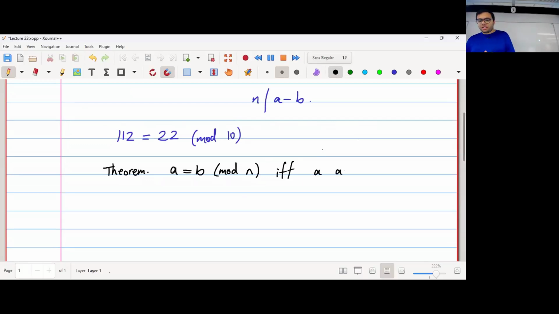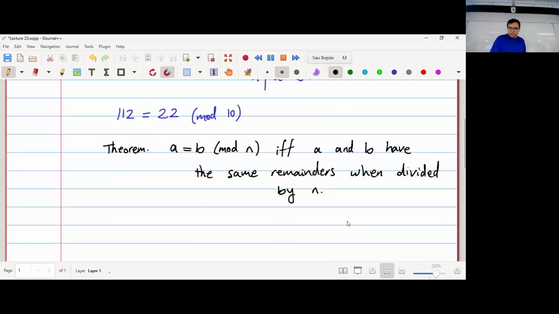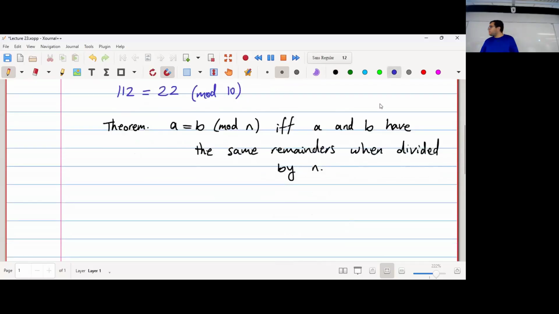So A and B have the same remainders when divided by N. Okay. So this is pretty easy to prove.